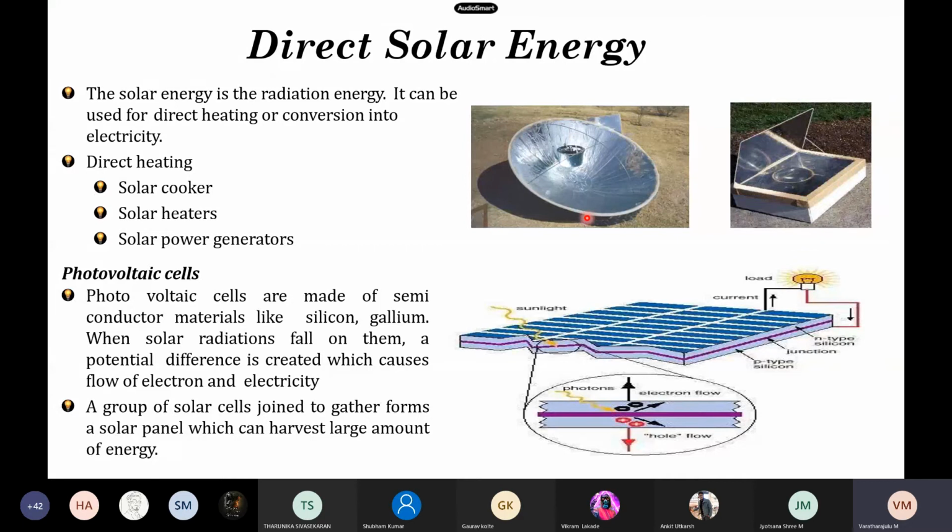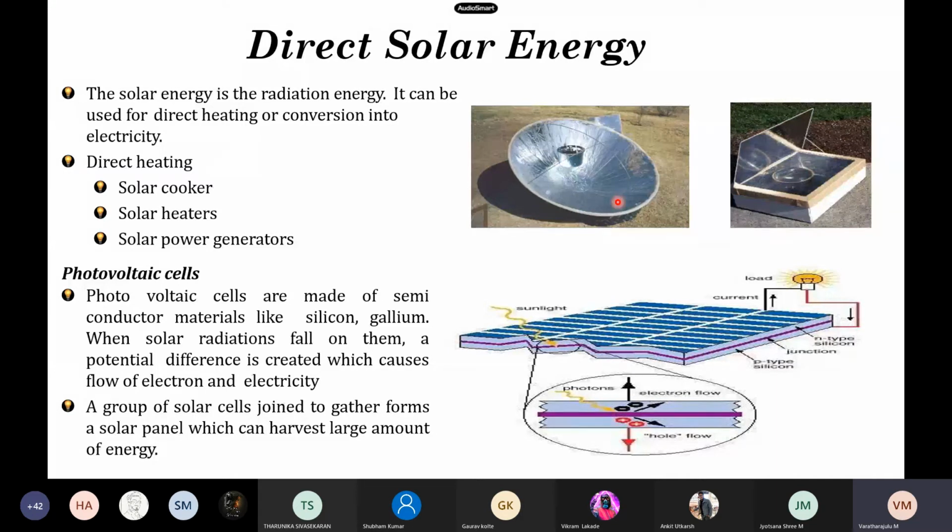The solar energy is the radiation energy. It can be used for direct heating or conversion into electricity. This is the solar heater, a type of direct solar energy, and the top cover is made up of glass, and it can reflect.